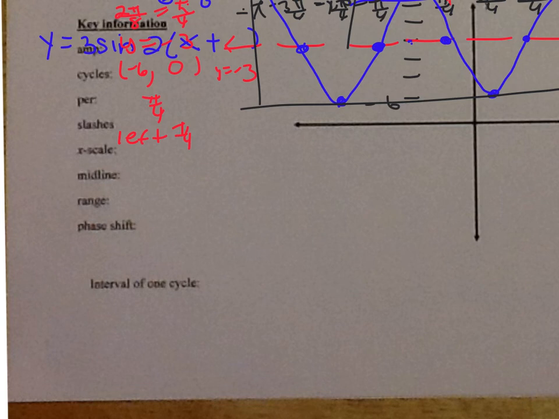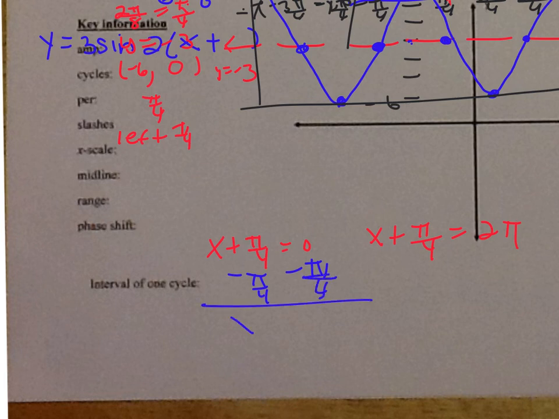So I take what's inside the parentheses. You can take it after you factor out the 2. So you can go from x plus pi over 4, so x plus pi over 4 equals 0, and x plus pi over 4 equals 2 pi. So minus pi over 4 is x equals negative pi over 4.